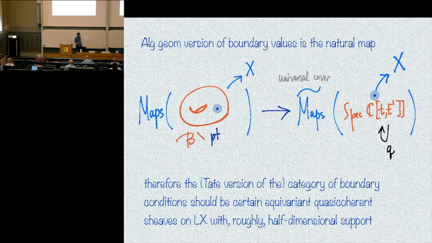And maybe to finish, I'll say a word. I wish I could say more. There are some cryptic remarks towards this end even in our very first paper, and this will probably stay a little bit cryptic. So how can you think in algebraic geometry about boundary conditions for maps?